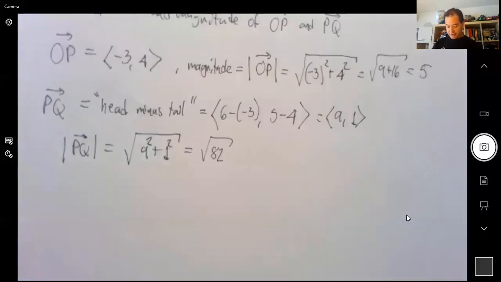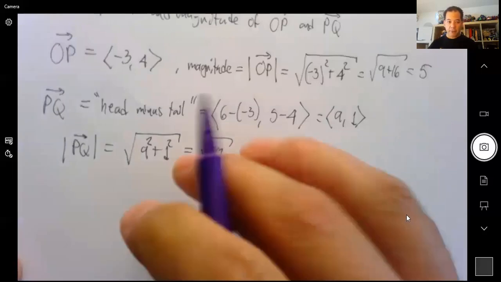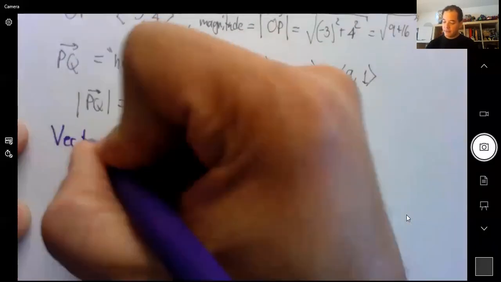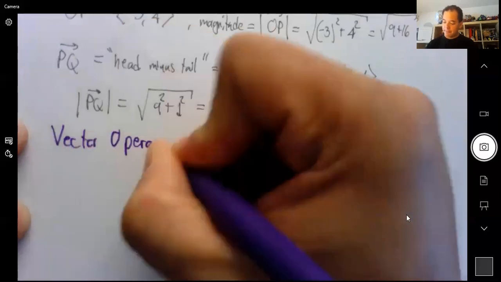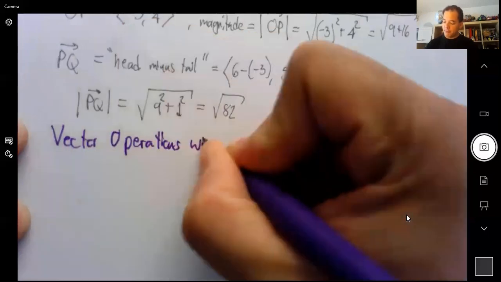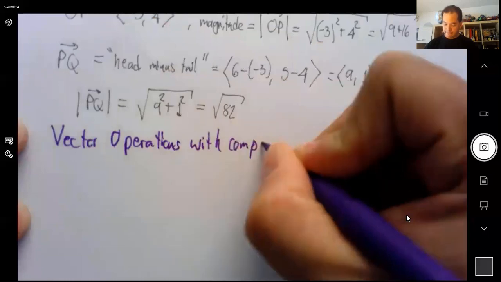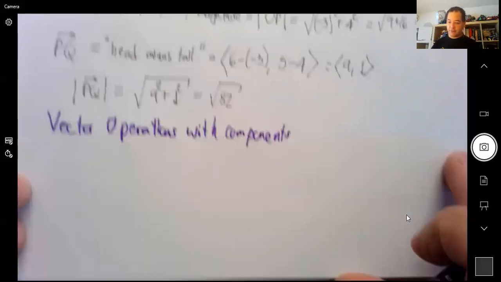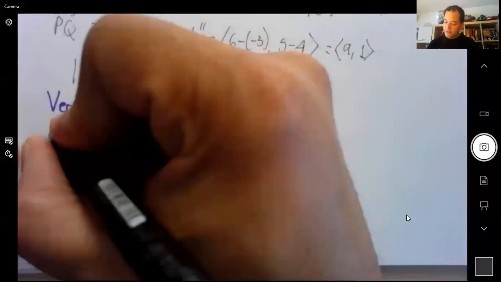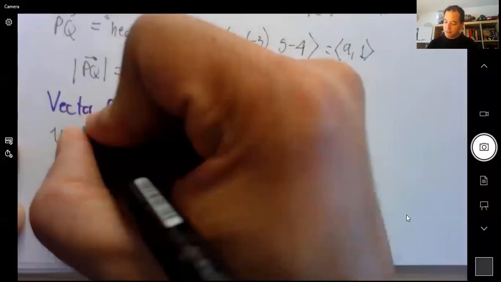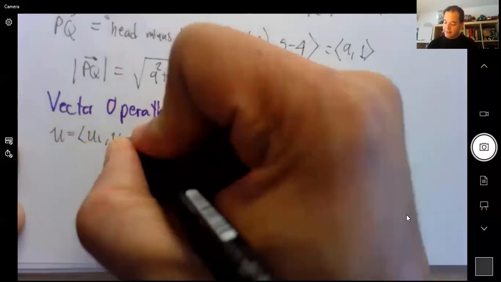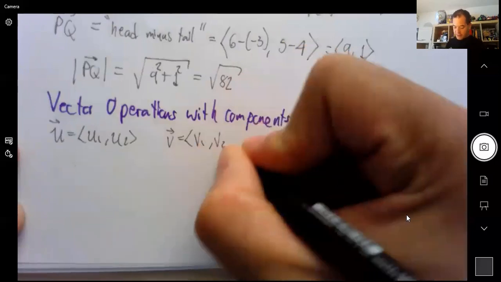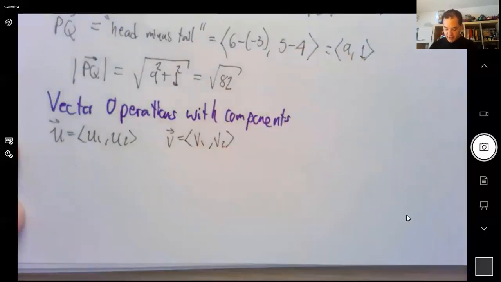So here is how the vector operations look with components. This is going to be very, very easy and straightforward. How does it work? Well, suppose you have this vector, the one with components u1, u2, and v with components v1 and v2. Then look how easy this is.